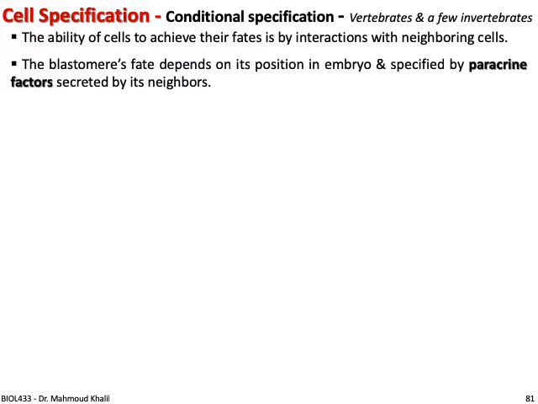For the conditional specification that happens in vertebrates and a few invertebrates, the ability of cells to achieve their fates is by interaction with neighboring cells. So that means the cell, to reach its fate, needs interaction from the neighboring cells, which is totally different from the autonomous. The blastomere's fate depends on the position in the embryo and is specified by paracrine factors secreted by neighbor cells.